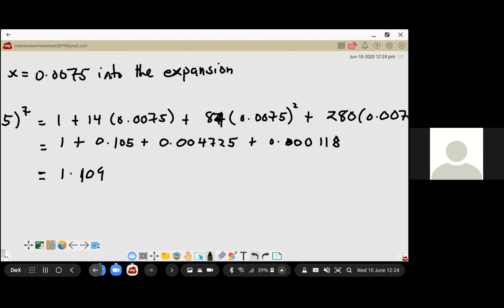Please, let's clear and retype it again. 1 plus 0.105 plus 0.004725 plus 0.000118.